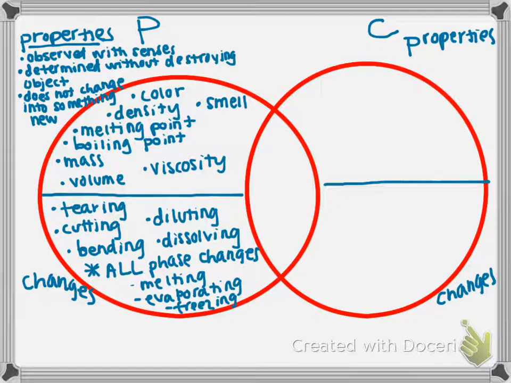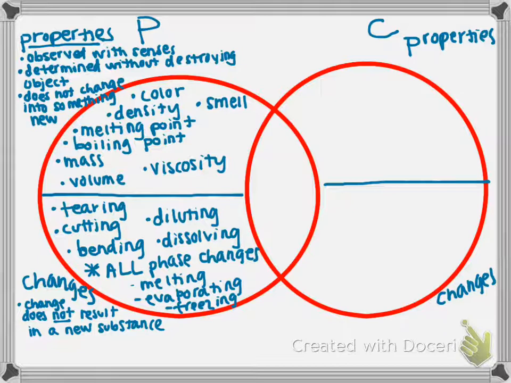And just to clarify what changes are, this is the change: does not result in a new substance. So if you tear a piece of paper, it does not make it into a new substance. So that is why it is a physical change.